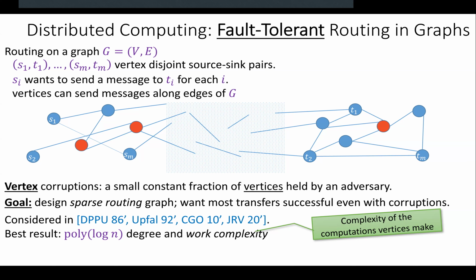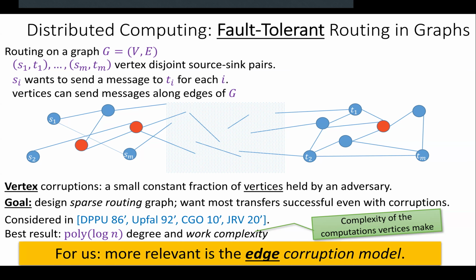You don't want everybody to send the message to one vertex to be forwarded to the rest. That's nonsense. We want each vertex not to do too much work, because vertices are going to get too many messages or have to send too many messages. This is captured by work complexity. More formally, it's the computational complexity that the vertex performs.